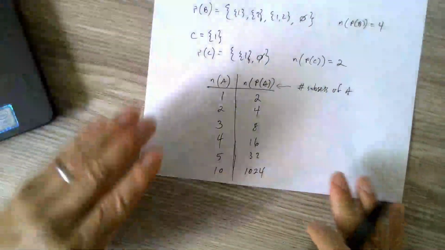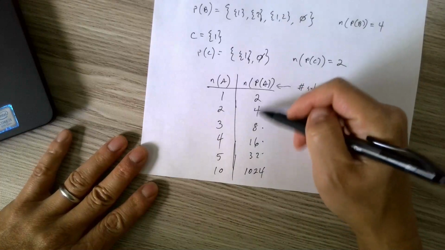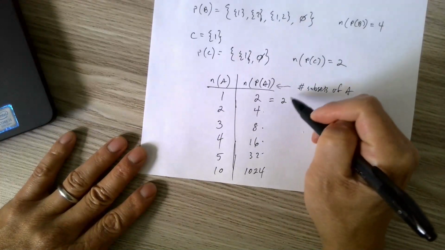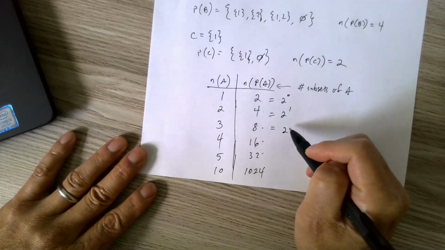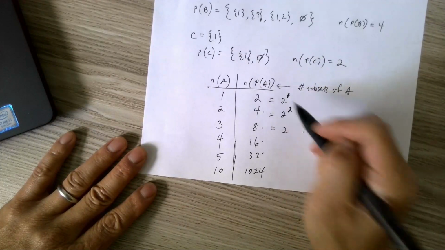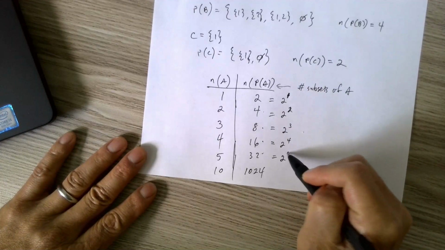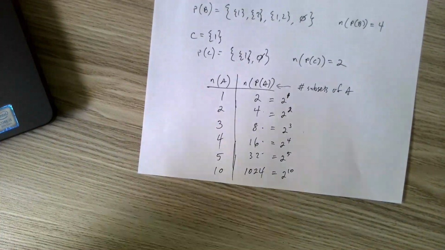And I know that because these numbers are not just double the previous number, they're actually powers of 2. And I happen to know 2 to the 10th is 1,024.